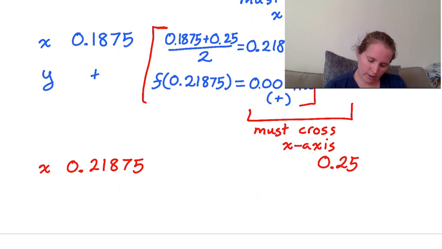So our midpoint, we would do 0.21875 plus, oh, I should do this in another color again, I apologize.